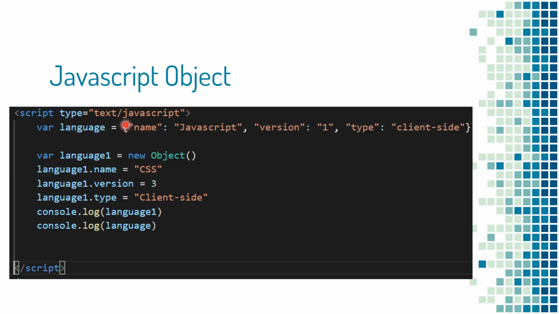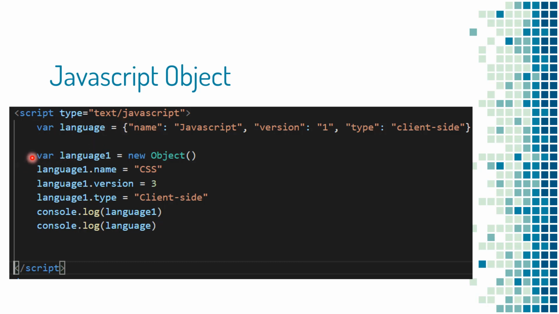The object starts with curly braces, and this is called a key, and this is the value of that key. In some programming languages, like Python, they call it a dictionary. This is one way of creating or initializing an object variable.